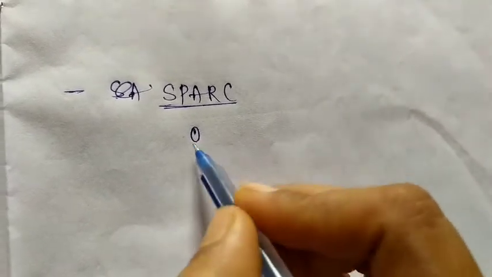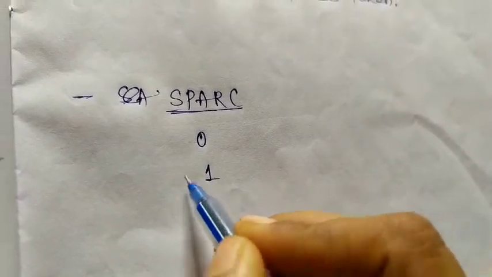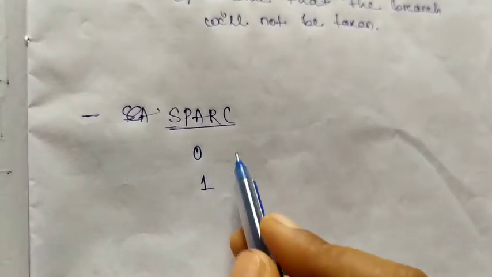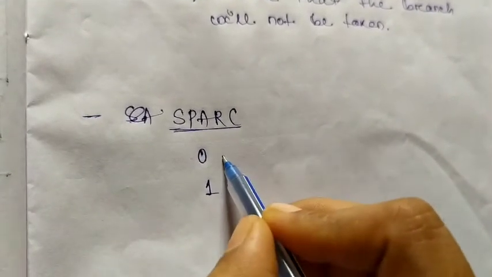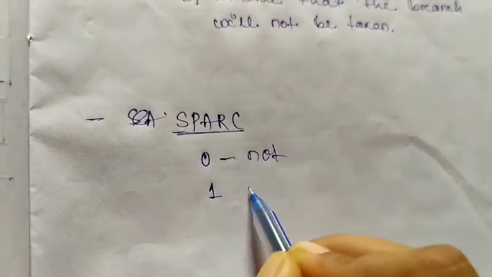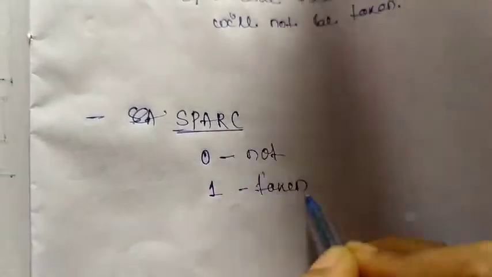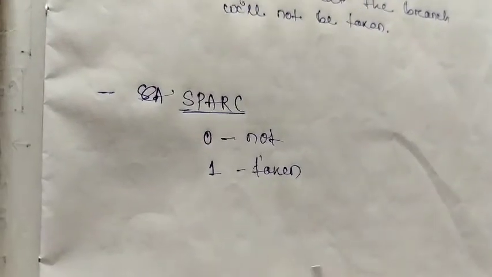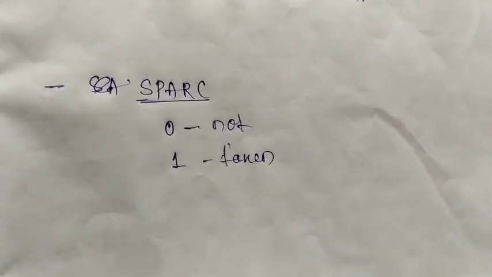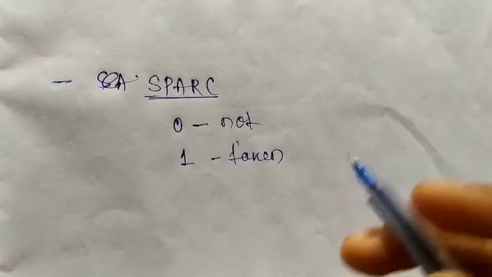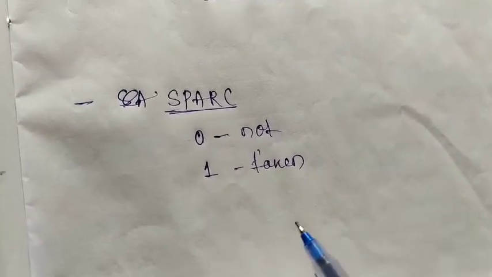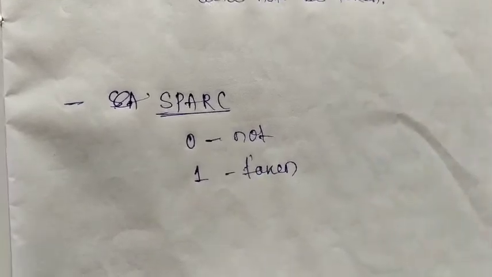If the compiler sets 0 as not taken and 1 as taken, then when the fetch unit is going to fetch the next instruction, it will first check these bits.